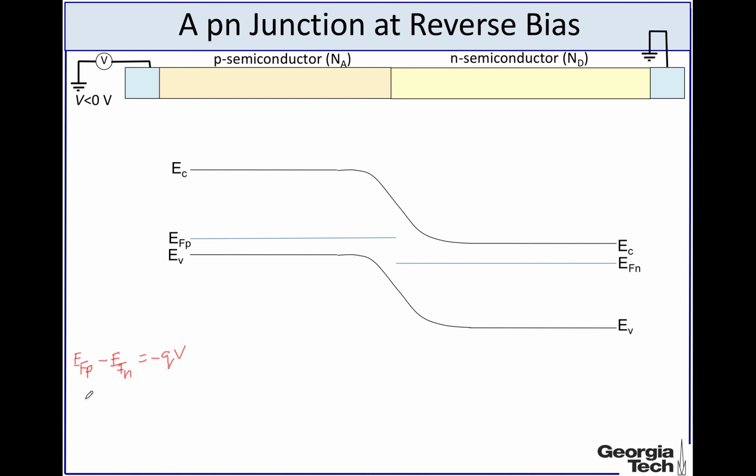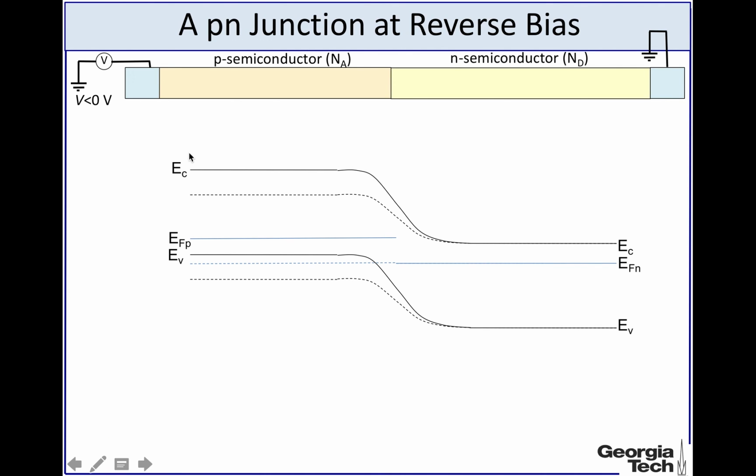So V is negative, so EFP, the Fermi level of the p side, will actually be higher than that of the n side, and this gap here is Q multiplied by the magnitude of V. Second, what we have done is that we have kept the energy of the n side constant at the same position, and then moved the energy levels in the p side up by QV.